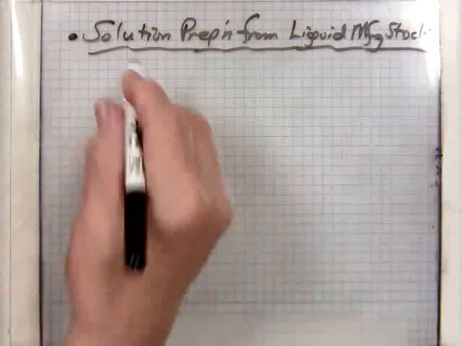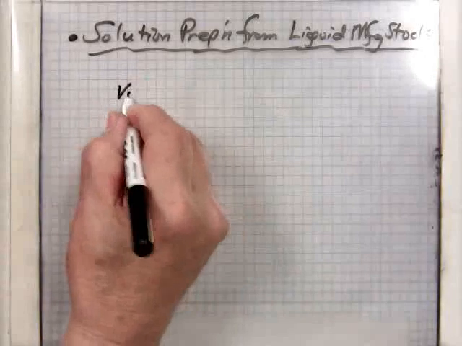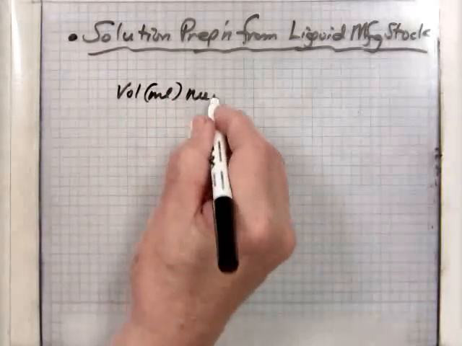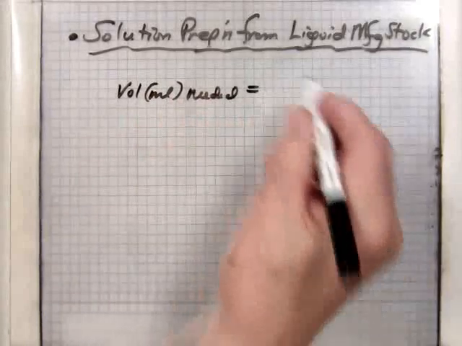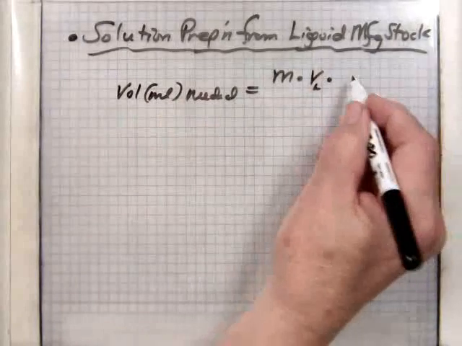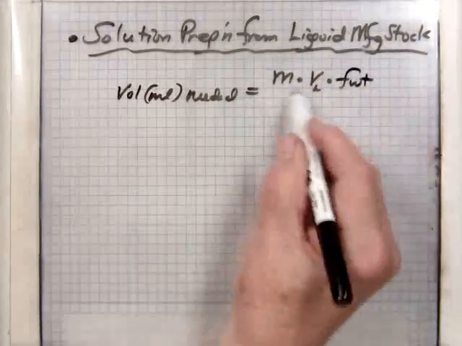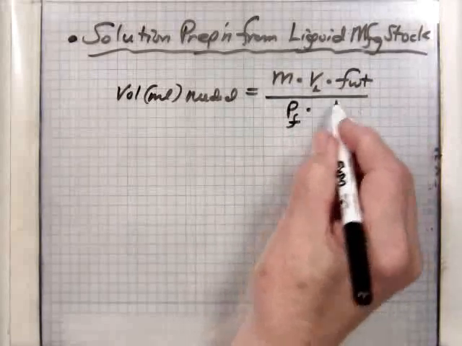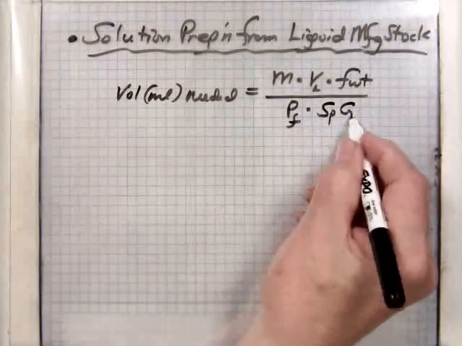It looks like this. So volume in milliliters, as a matter of fact, needed is molarity times volume in liters of the solute times formula weight of the solute divided by your purity factor, but also divided by specific gravity.